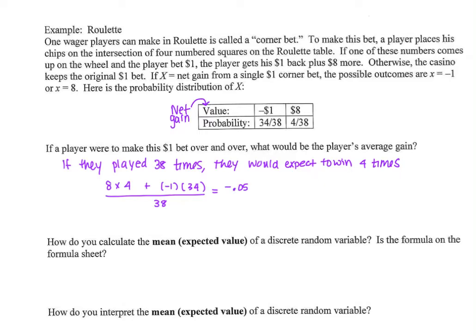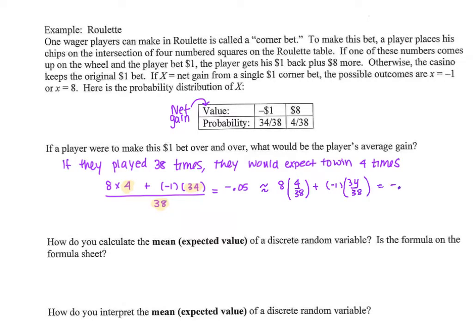Now when you've got a probability distribution like this, notice how your fraction is built into this mean. So we have 8 times 4 over 38 and 34 over 38. The other way you could write this is 8 times 4 over 38 plus negative 1 times 34 over 38.